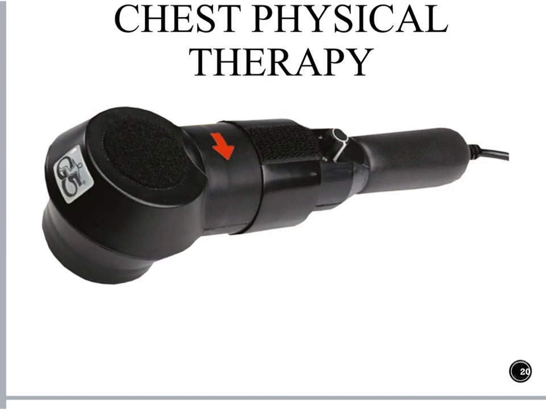When you practice manual CPT at home, I want you to do it for 15 minutes straight and see how tired you can become. Most of these percussors have settings so you can adjust depending on patient comfort and patient need for the level of percussion and the rate, how fast or how slow it goes.